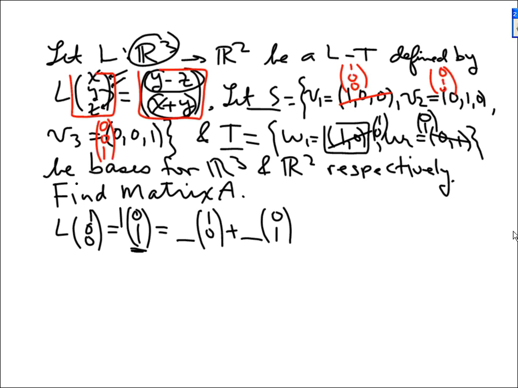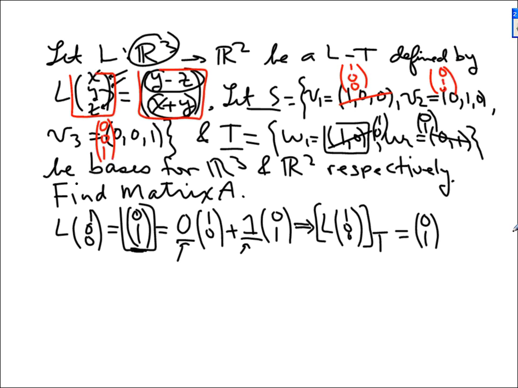And since this is 0, 1, I'm going to take 1 times 0, 1 and 0 times 1, 0. So this tells me that the coordinates of L of 1, 0, 0 with respect to the basis T is 0, 1.